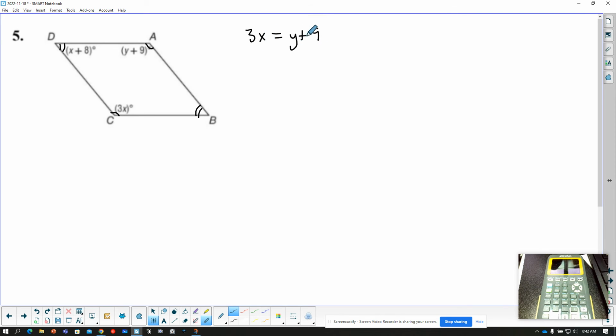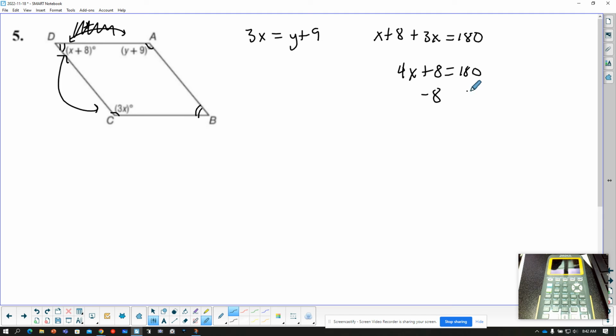I need to go with the consecutive part, right, next to each other. So I could add these two together to equal 180, but then I still have an x and a y, so I'm not going to do that. Let's add these two together to equal 180. x plus 8 plus the 3x equals 180. Okay, the 3x and the x makes 4x.